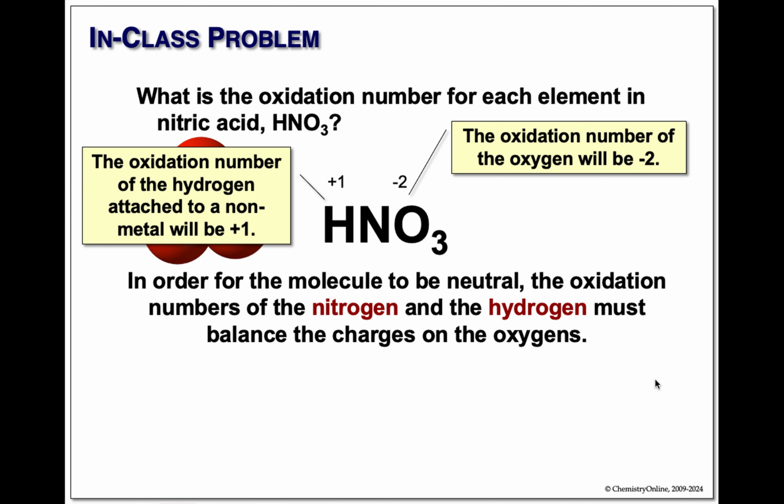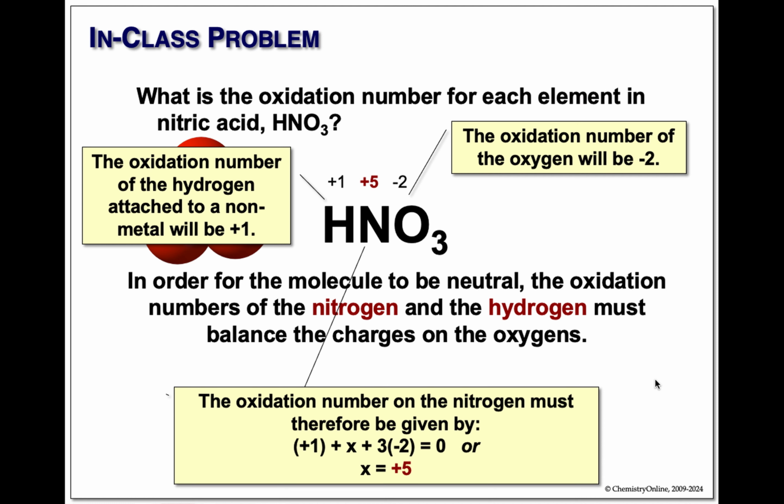Now, to make this neutral, the nitrogen in the middle, we have 6 negatives, 1 positive. This nitrogen must be +5. Any questions?